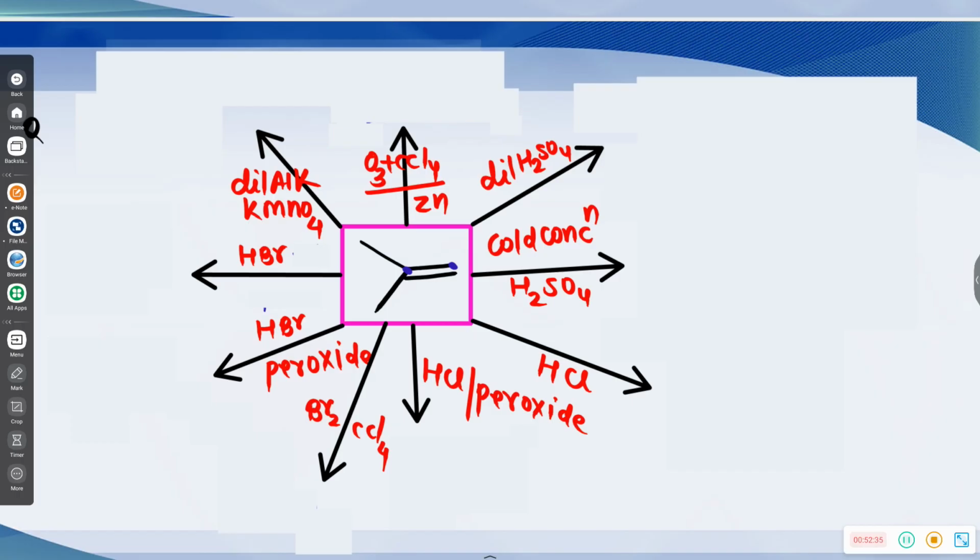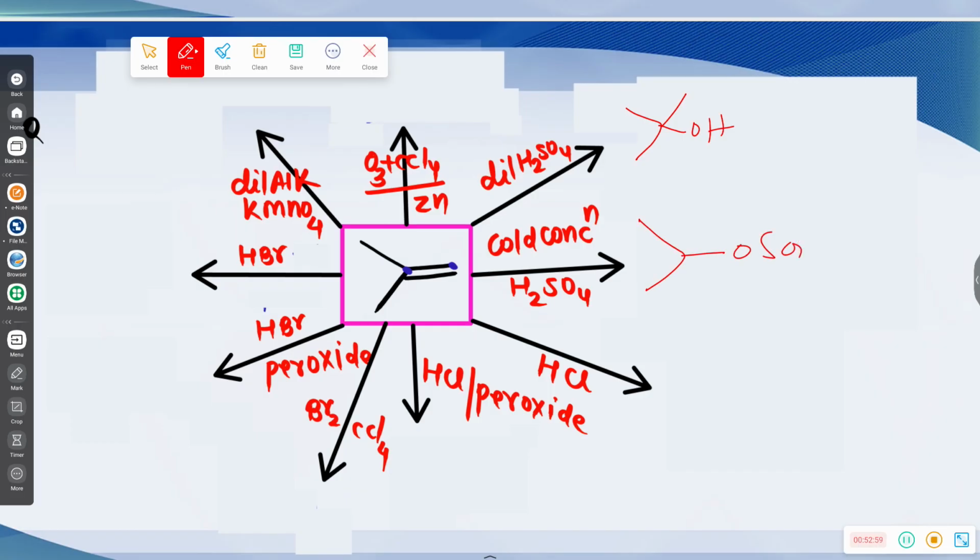Before that, tell me quickly if you remember. What will come for hydration? Here H, here OH, and here OH. Markovnikov's rule should not be followed here. Four combinations: HCl, HCl with peroxide, same.